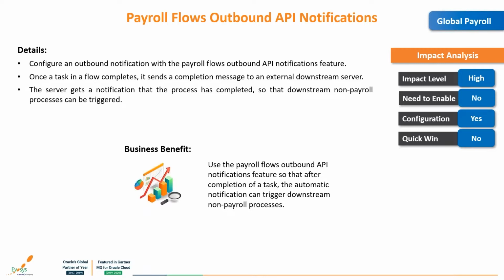We can establish communication using this feature between Fusion Payroll and the downstream application in a secured way, and ensure that the notification message of payroll status is sent to the downstream server. Then we can automate the other processes in the downstream server. This is particularly useful when we want to integrate multiple servers, and this is done in a very seamless and secured way as well.